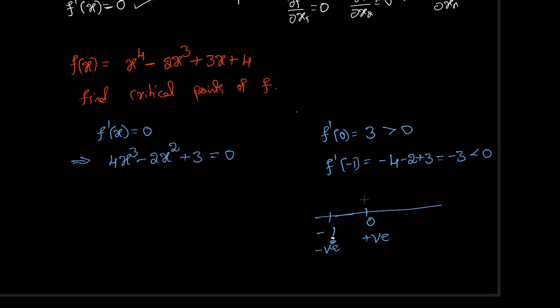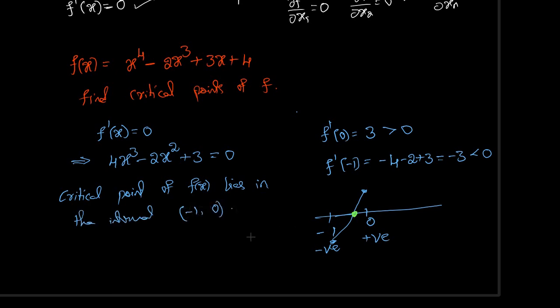It means the function is traveling from negative to positive between minus 1 and 0. It means in between it definitely has to intersect the x-axis. So we know some information: the critical point of f of x lies in the interval minus 1 comma 0. Because at minus 1 the derivative takes negative value, at 0 it takes positive value.